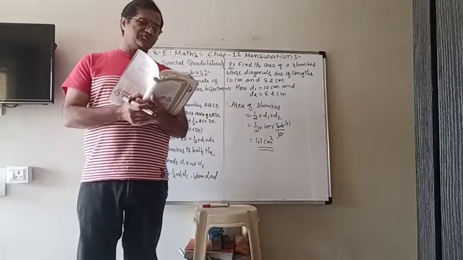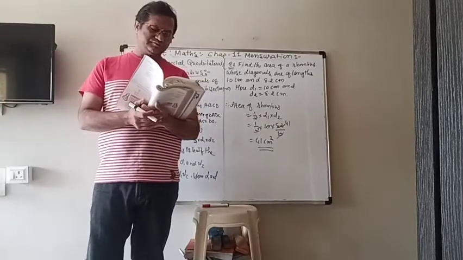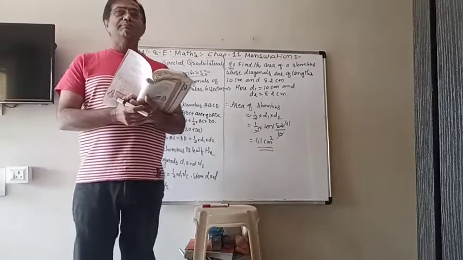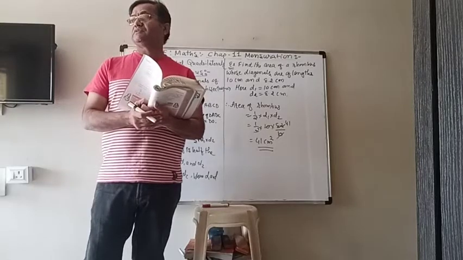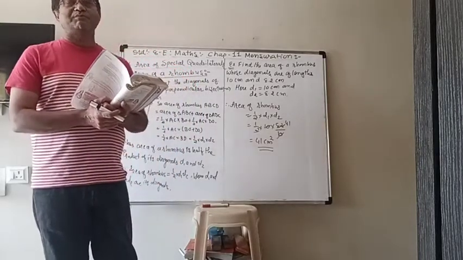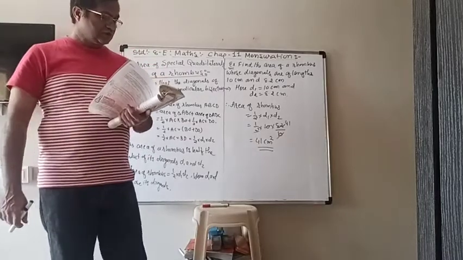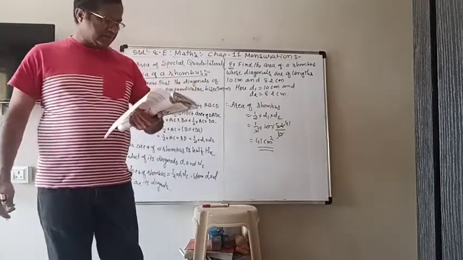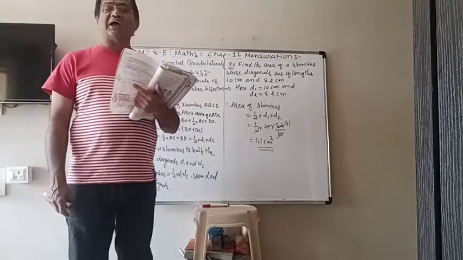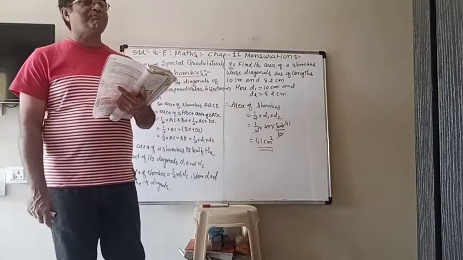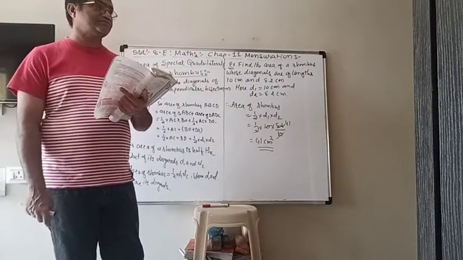We saw that for a trapezium the area is half multiplied by height into the sum of its parallel sides. So the area of a trapezium is half into h multiplied by the sum of its parallel sides.